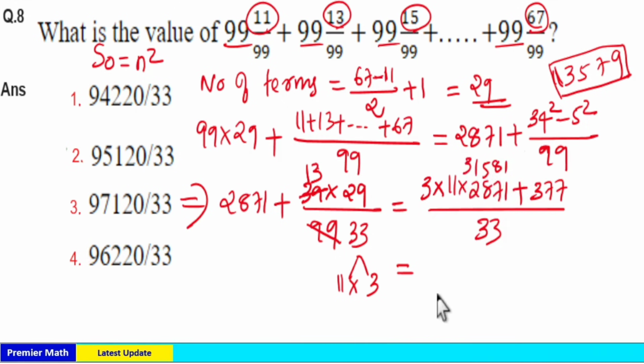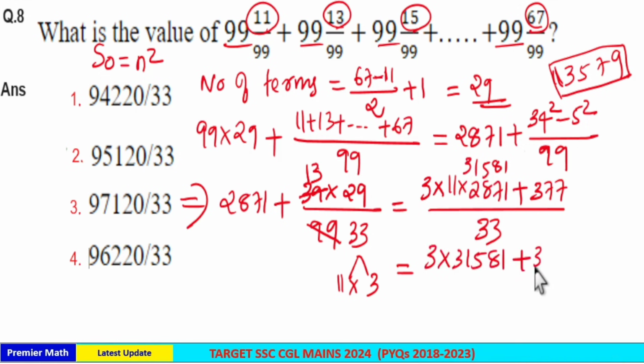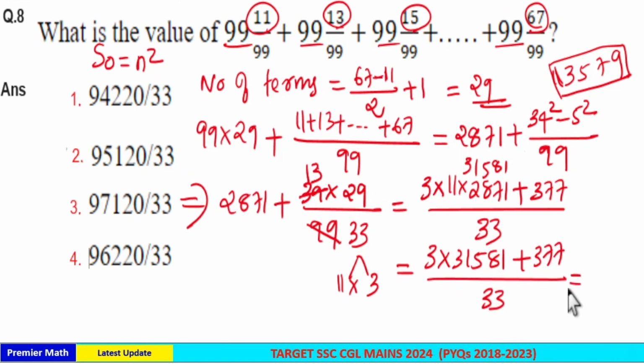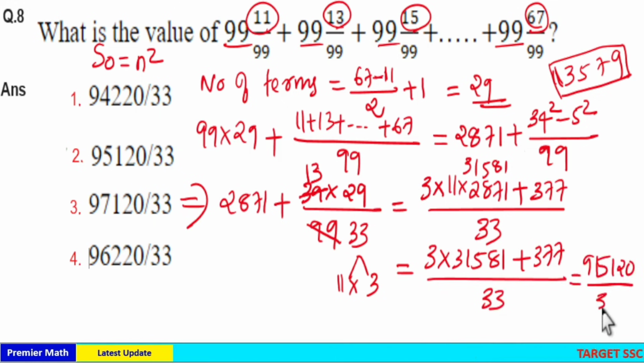So 31581. So 3 into 31581 plus 377 divided by 33. Now this will give you 95120 divided by 33. Option 2 is your answer.